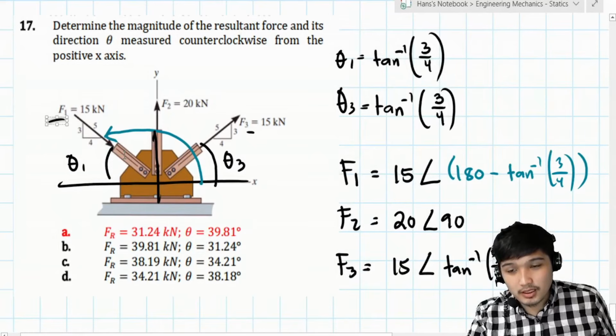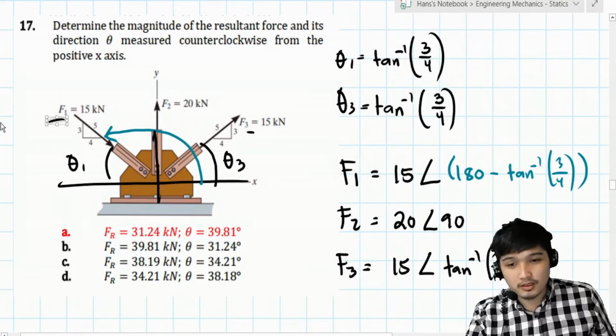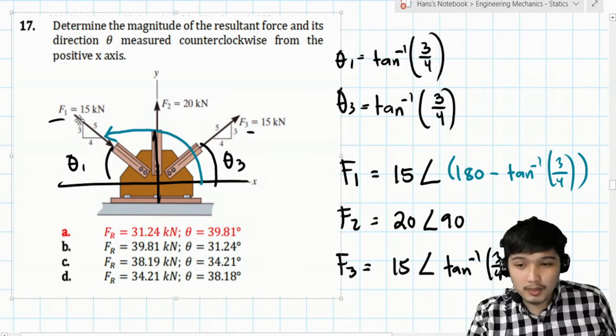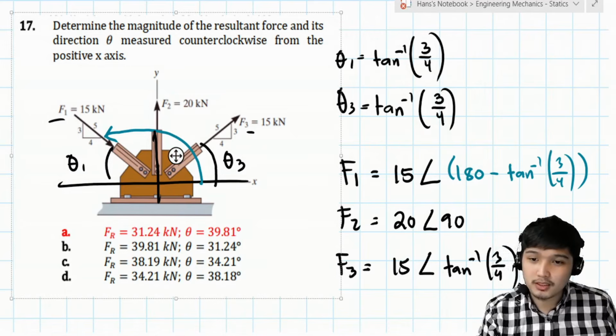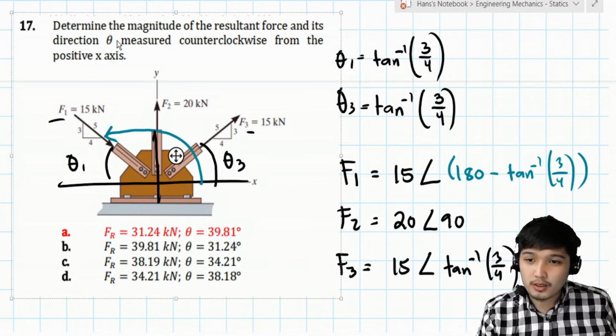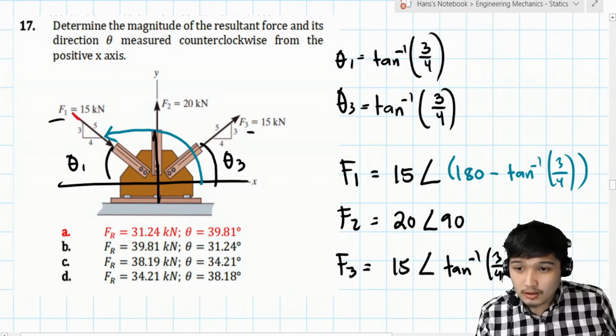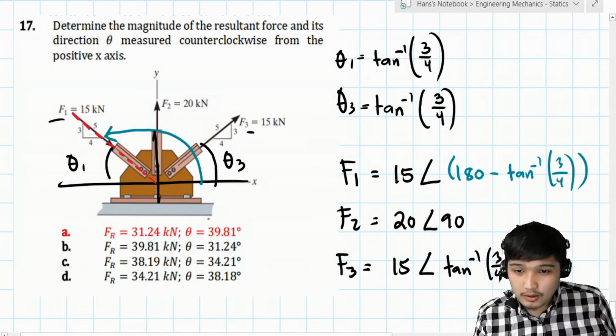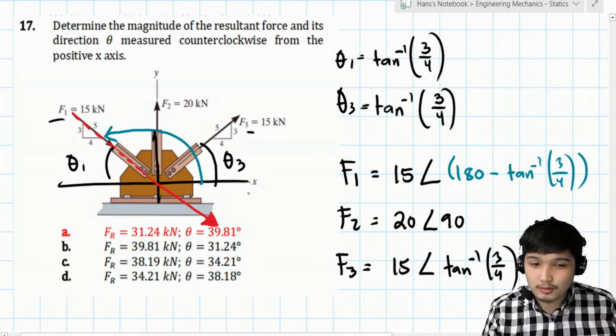This one is downward. So, ayun, kakasabi ko lang kanina class eh. Mahalaga yung direction. So, kunin natin yung projection niya. Okay. So, muntik na tayo, may problem. So, ito pala yung F1, no?